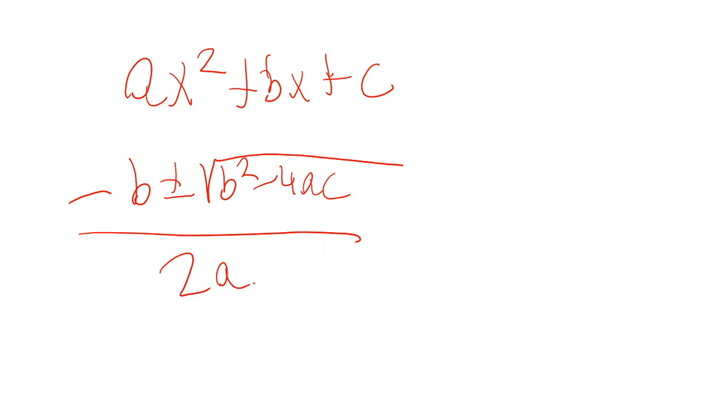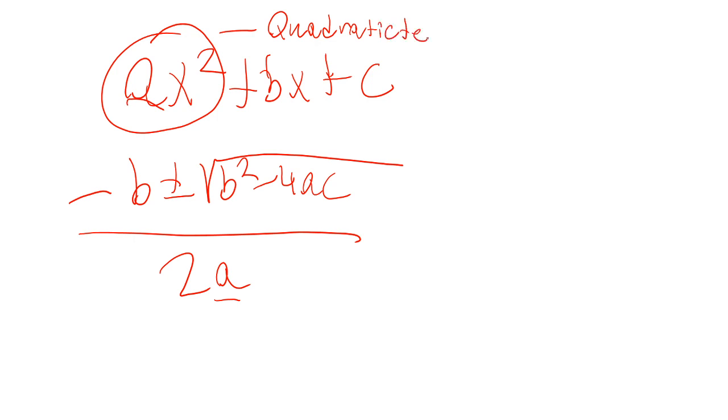And this formula is referring to the a over here being the a over here, the coefficient of the quadratic term. So in a quadratic, this is the quadratic term. This is your linear term.